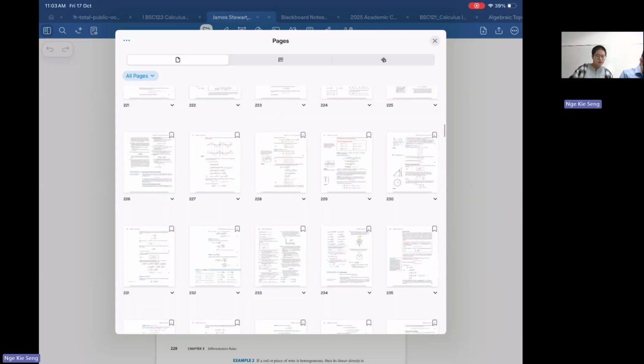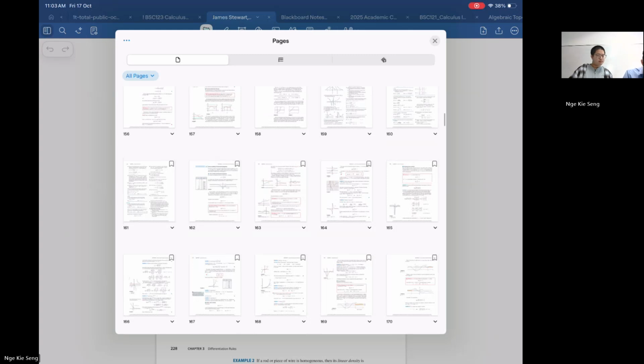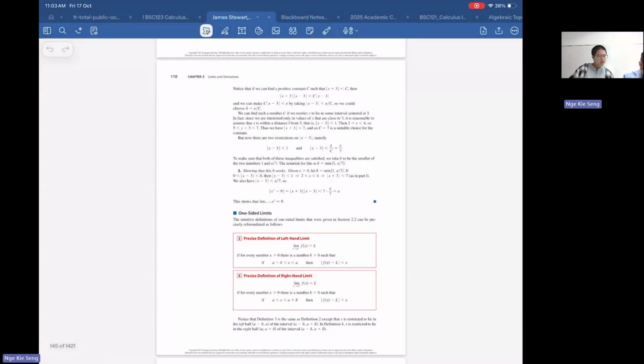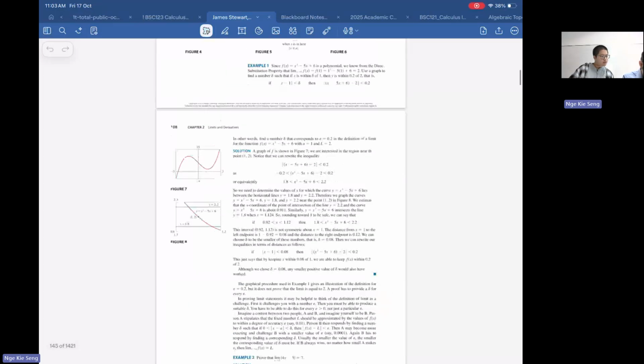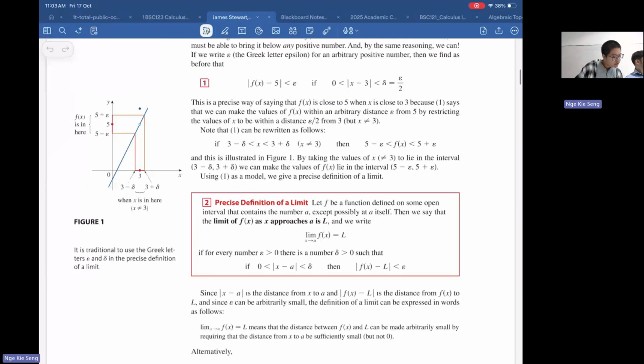There's a section on the precise definition of limit. I think you need to use this.